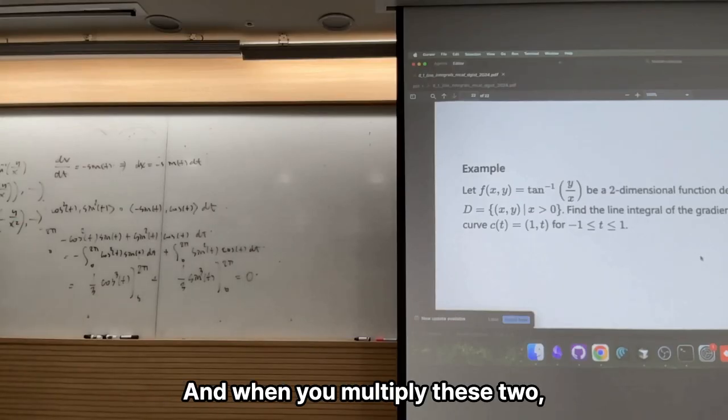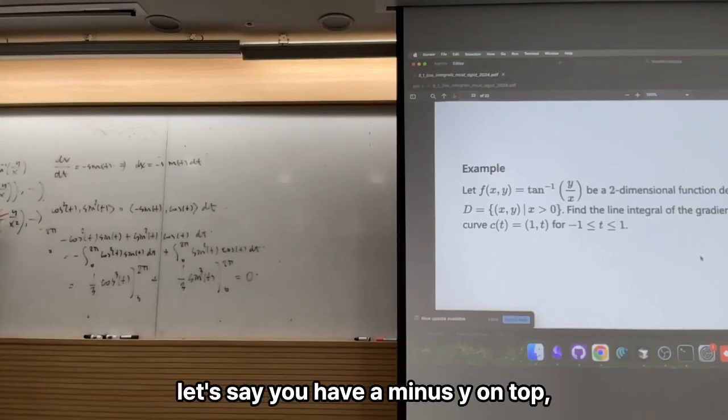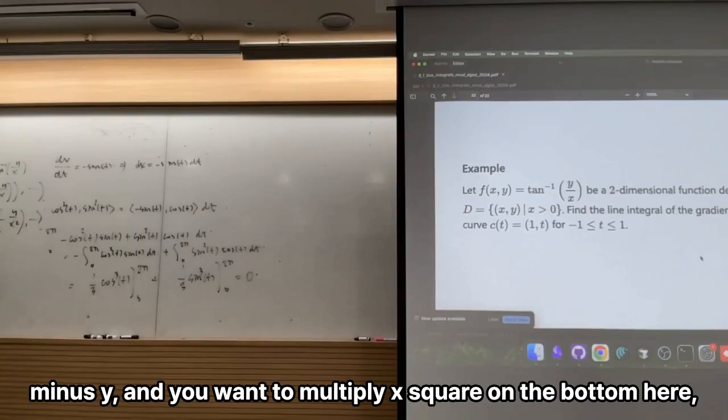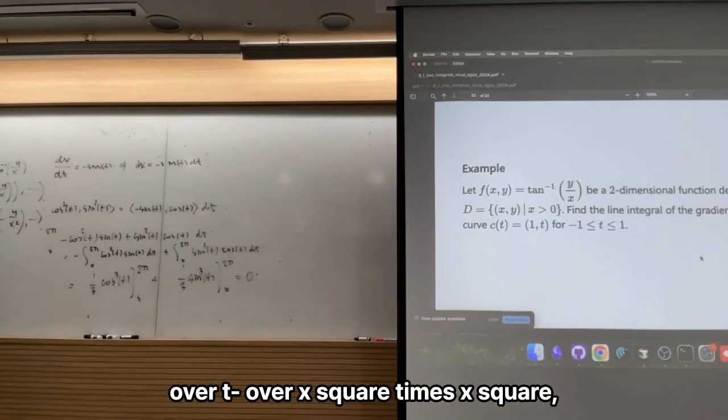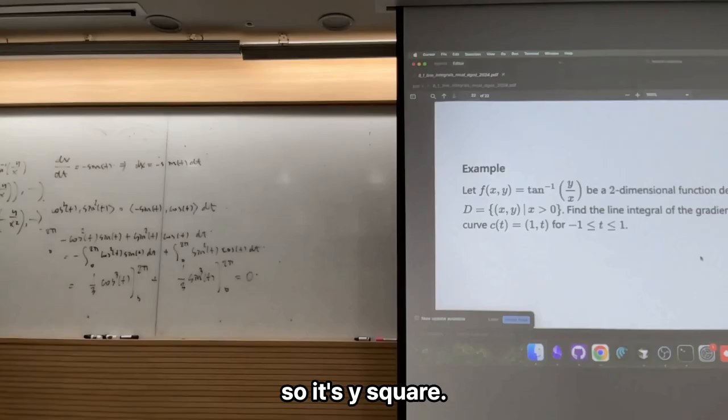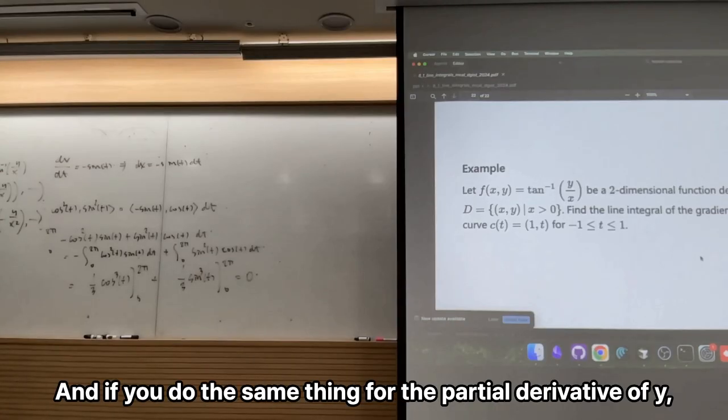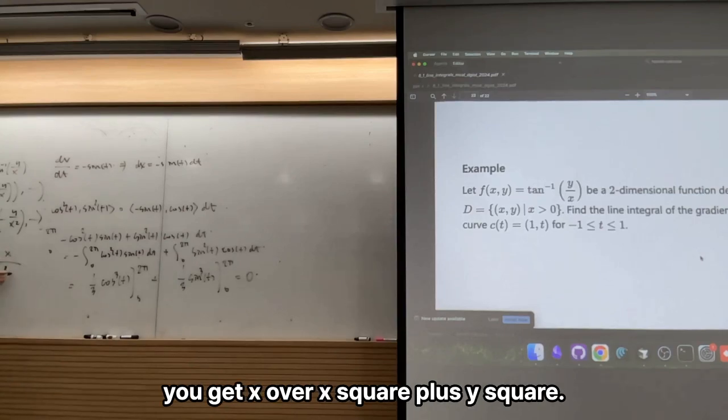When you multiply these two, you have a minus y on top, and you multiply x squared on the bottom: x squared plus y squared over x squared times x squared, so it's x squared plus y squared. That's your first coordinate. If you do the same thing for the partial derivative with respect to y, you get x over x squared plus y squared.